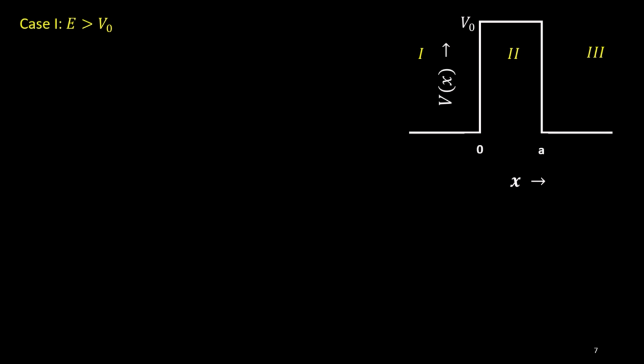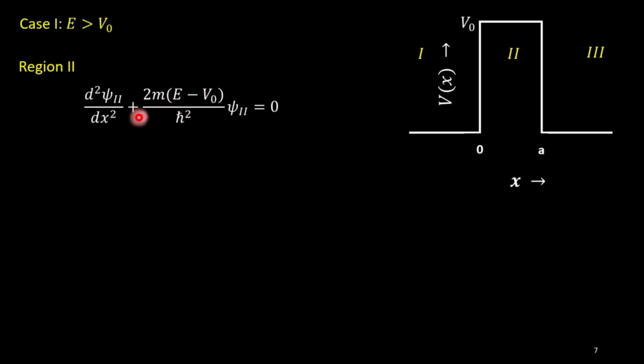Now if we consider the case of particles having energy greater than the barrier height, there is nothing interesting here. The particle can easily go to region 3. In this case, the only difference is in region 2, where the Schrodinger equation becomes like this. Previously it was written as V0 minus E, but now since the energy is higher than the barrier height, we have rewritten it as 2m(E minus V0), and we put a positive sign here instead of a negative sign.